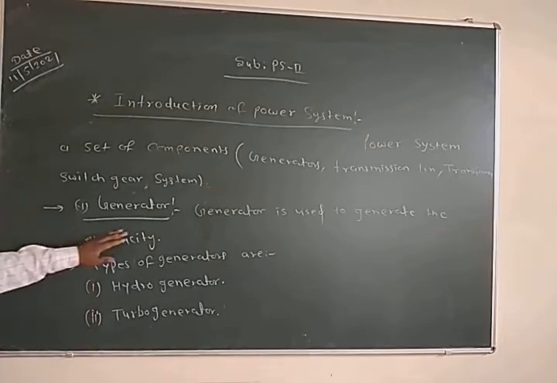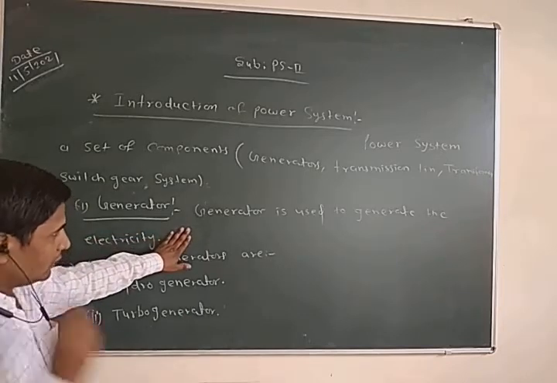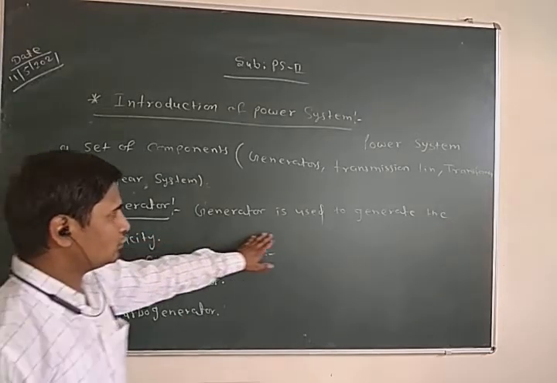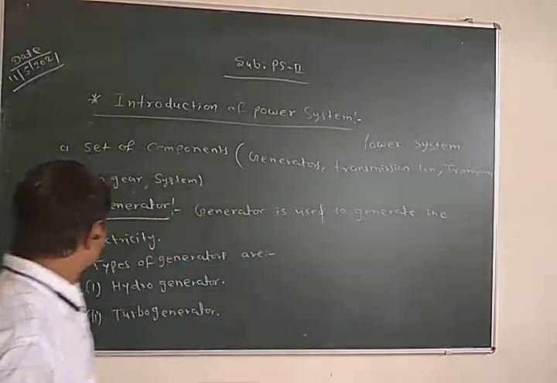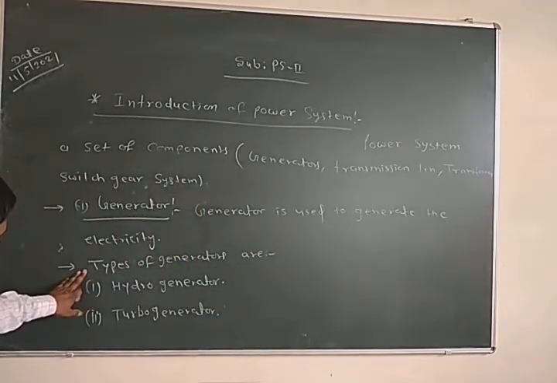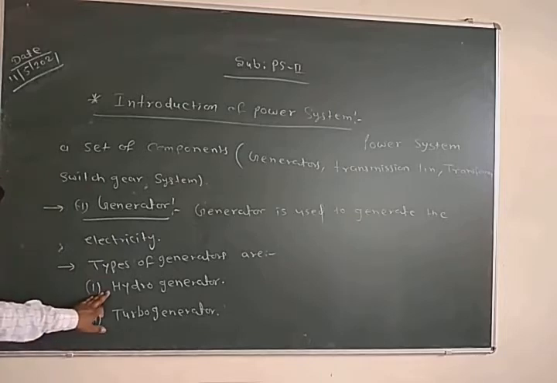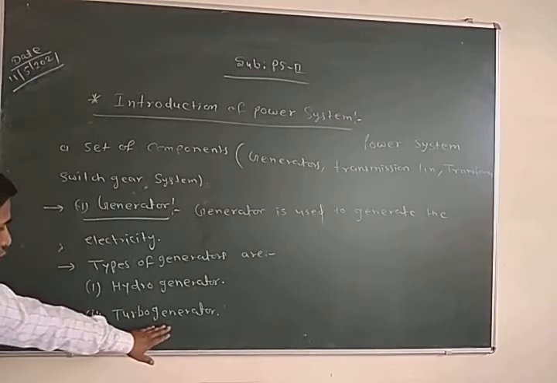The first component is generator. Generator is a device which is used to generate electricity. On the basis of generation of electricity, generators are classified as hydro generator and turbo generator.